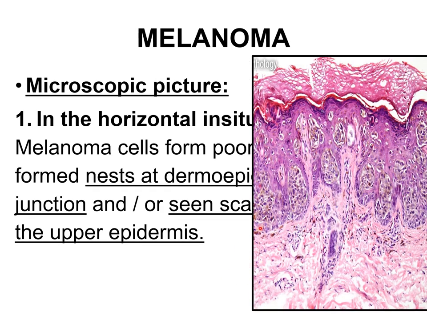Here is a picture of melanoma: irregular groups of cells at the dermo-epidermal junction, and a few cells scattered, not only forming groups but also single cells inside the epidermis.